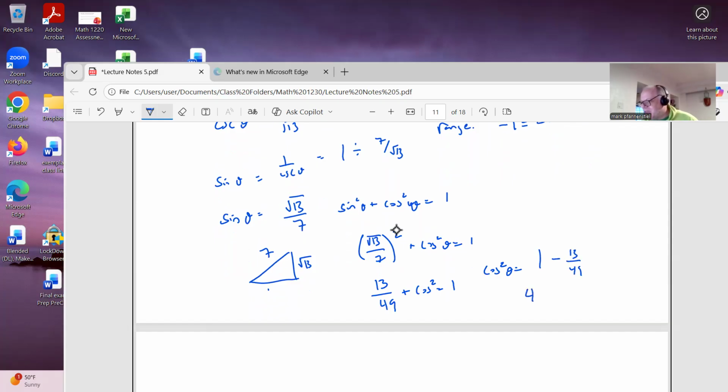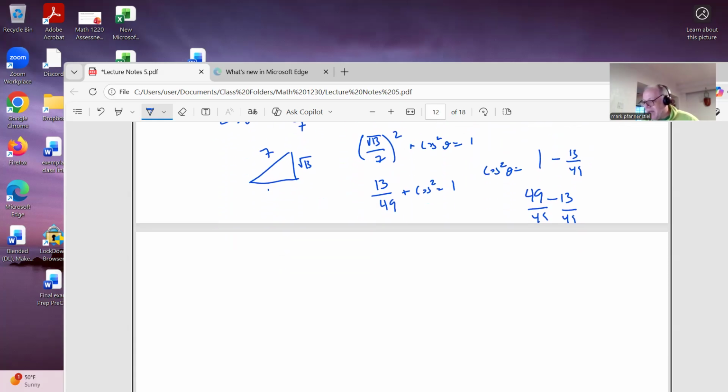How about we do 49 minus 13, and everybody's over 49, so that way I can figure out what's going to happen there. So we have 49 minus 13. I end up with a 6, 4 minus 1 is going to be 3. That's going to be a nice number. So we actually end up with cosine squared is equal to 36 over 49.